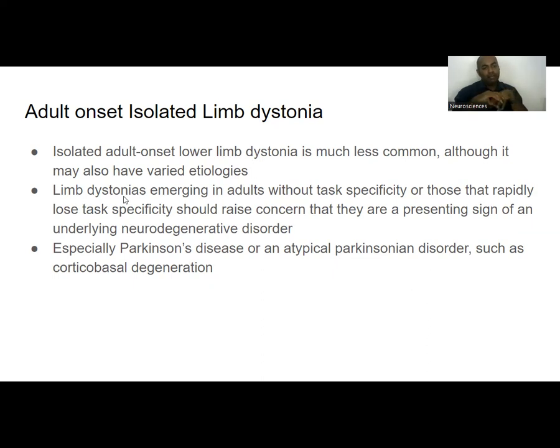Limb dystonias emerging in adults without task specificity, or those that rapidly lose task specificity, again should raise concern that they are the presenting sign of an underlying neurodegenerative disorder, especially Parkinson's disease or atypical parkinsonian disorders such as corticobasal syndrome.